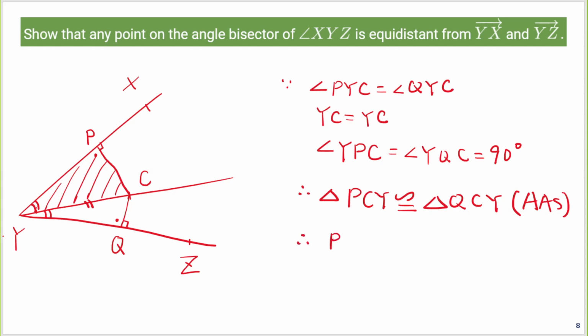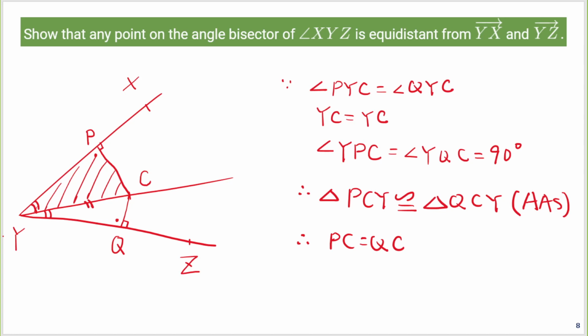Therefore, PC must equal QC, right? And that proves that any point on the angle bisector is equidistant from both sides of the angle.